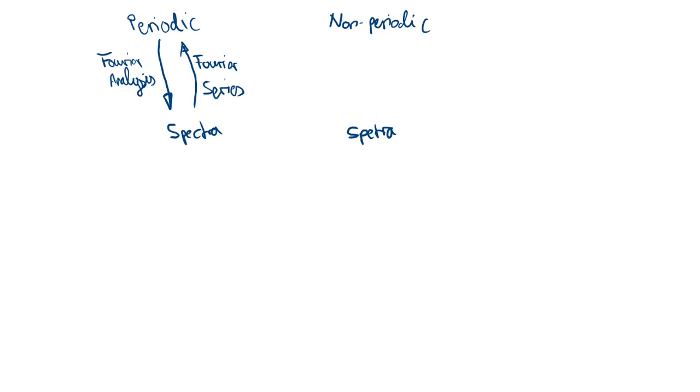There is a method to analyze the frequency components, and this is the Fourier transform, which we are going to talk about now. The other way back, to get the non-periodic signal from its frequency components, is called the inverse Fourier transform.